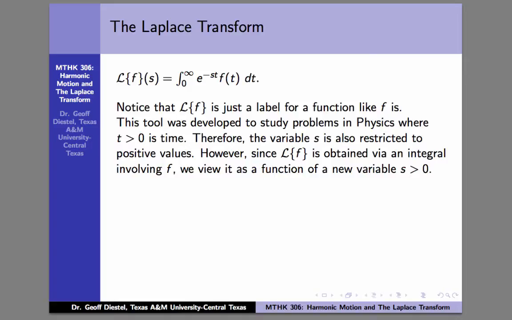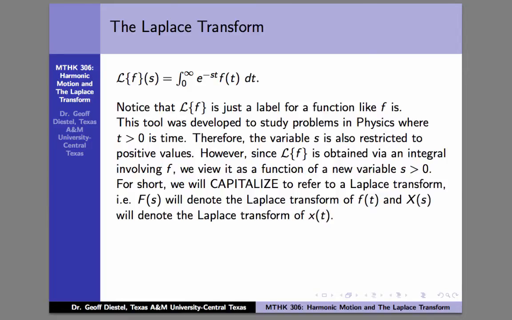So again, this whole tool was developed because of the idea of impulsive forces and problems in physics that these other methods couldn't deal with. Again, a notational thing. When we're talking about labels and functions like that, instead of writing this complicated L of f of s, if I have a function called f, I'm just going to refer to its Laplace transform as capital F of s.